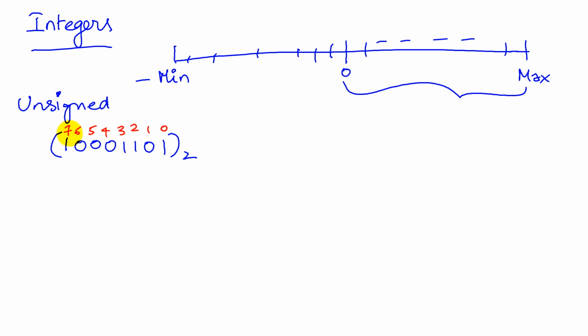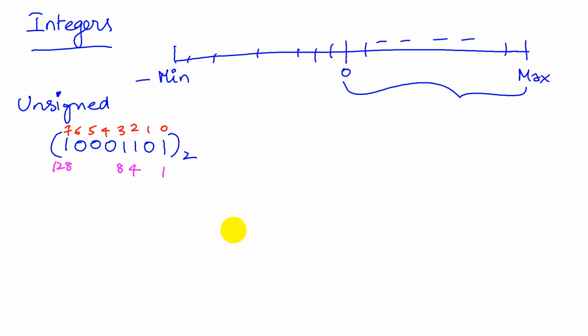And the place values accordingly are 1, that's 2, this is 4 because that's 2 to the 2, this is 8, and this is 16, 32, 64, and 128.